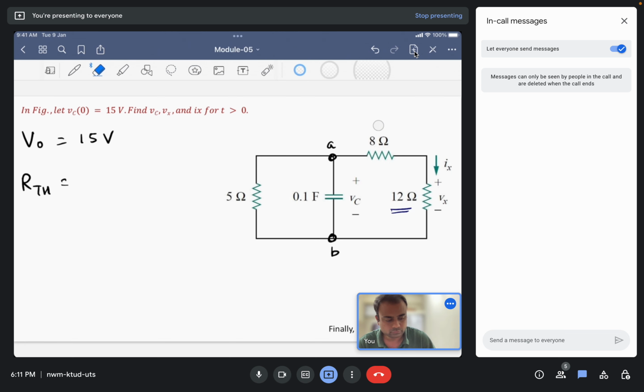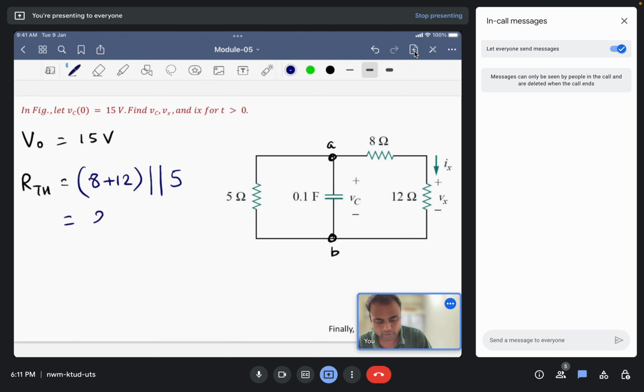So the Thevenin's equivalent resistance here will be 8 ohm plus 12 ohms, connected in series, and both in parallel with a 5 ohm resistor. So this will become 20 multiplied by 5 divided by 20 plus 5, that is 100 by 25.